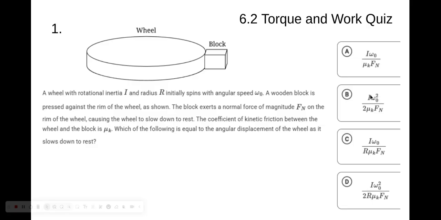So it's either got to be answer B or D. And the difference between this denominator and this one is that it includes the radius, which it has to do in order to apply torque. So the answer has got to be D. Now I'll go through the formal derivation for you, but if I were taking this test, I'd circle D and move to the next question.